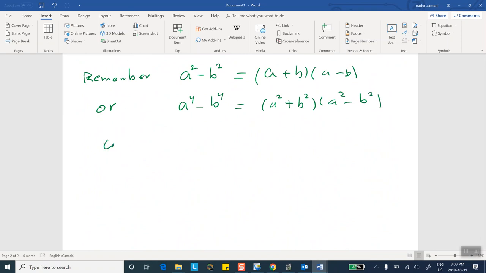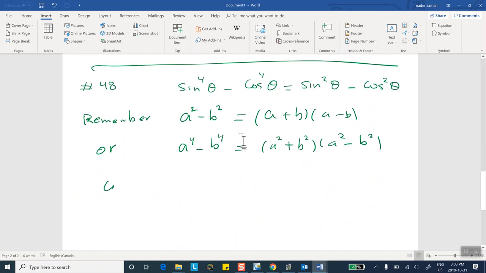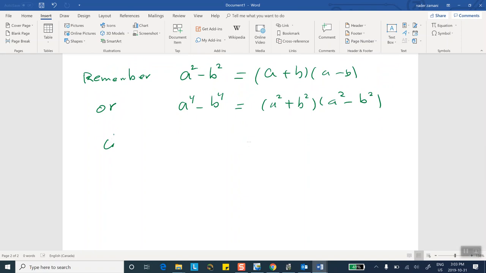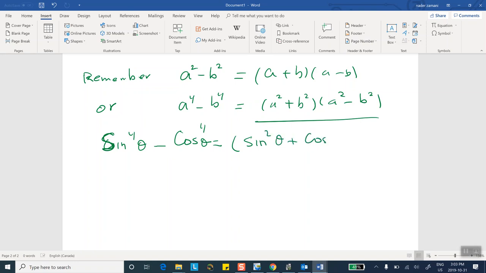So what do we have here? Sine to the 4 minus cosine to the 4. Well, we just learned how you can do this: sine squared plus cosine squared times sine squared minus cosine squared theta.